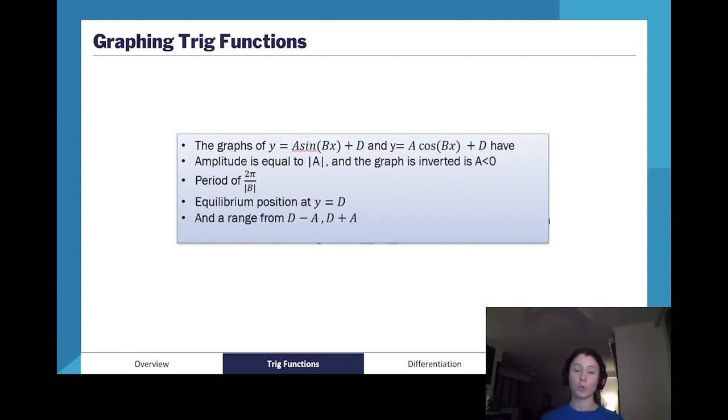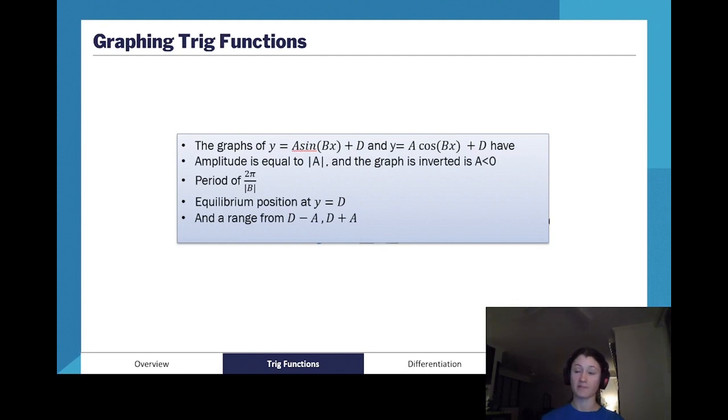So, this is a quick summary of all of these terms. The graphs of y equals a sine of bx plus d and a cos bx plus d have the following features. The amplitude is equal to the absolute value of the coefficient of sine or cos, which is a, and the graph is inverted if a is less than 0.